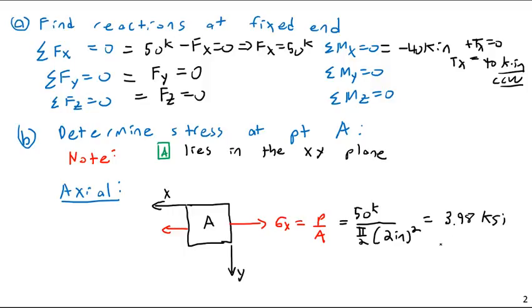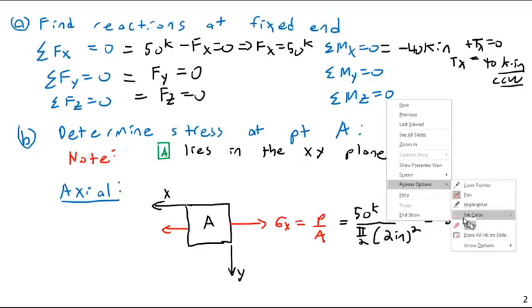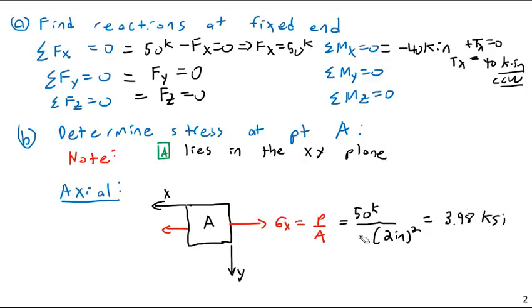Sorry, pi, not pi over 2, just pi. I know how to calculate the area of a circle. This equals 3.98 KSI.